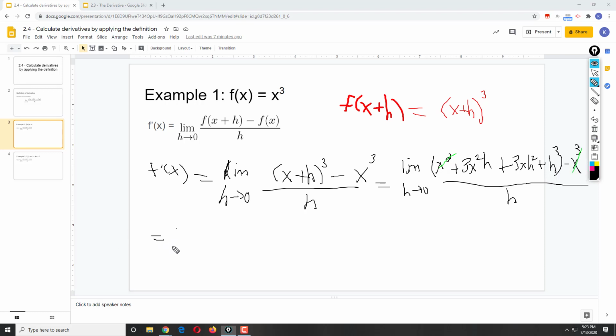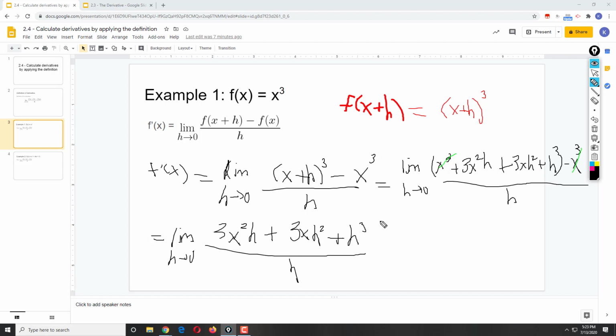So this is really equal to the limit as h approaches 0 of 3x squared h plus 3x h squared plus h cubed, over h. Dividing the top terms by h, we get the limit as h approaches 0 of 3x squared plus 3xh plus h squared.